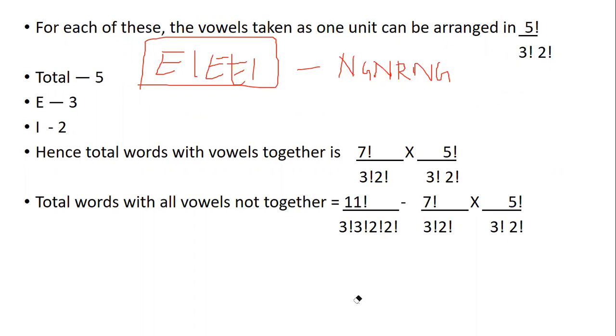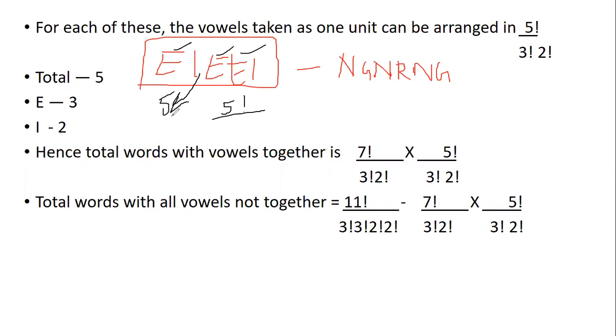There are 5 vowels inside, and out of those 5 vowels, there is a repetitive letter, which is E. So these 5 vowels can be arranged in 5 factorial ways.